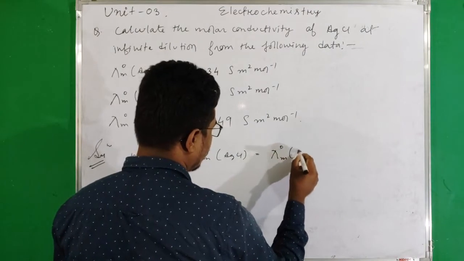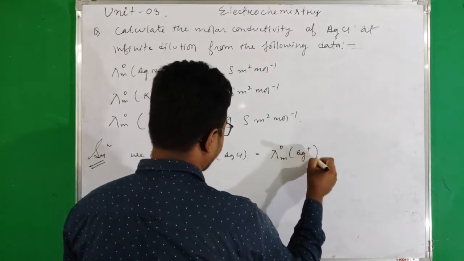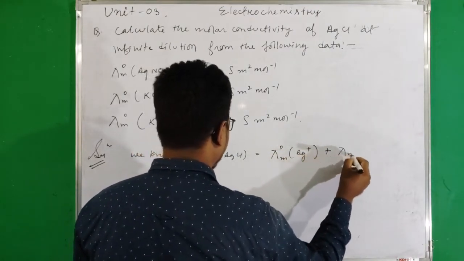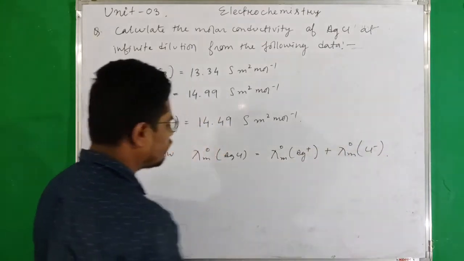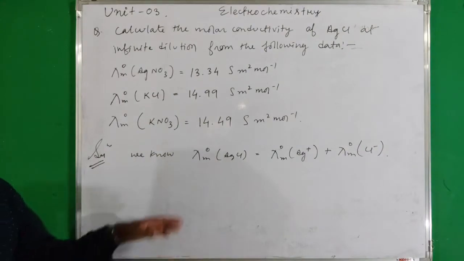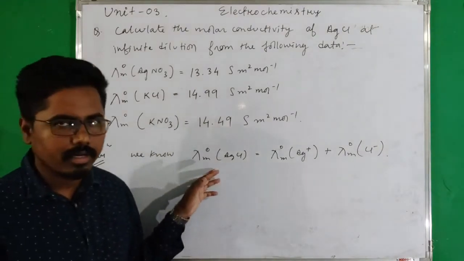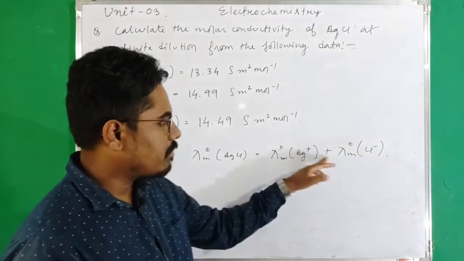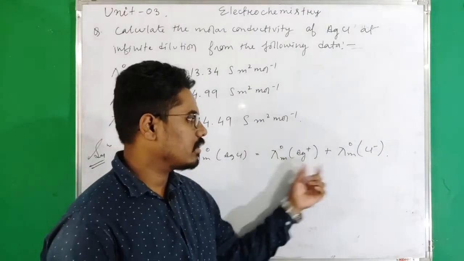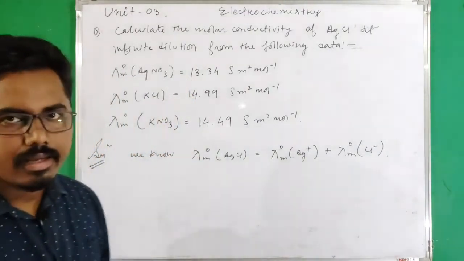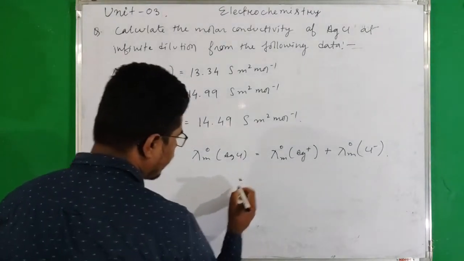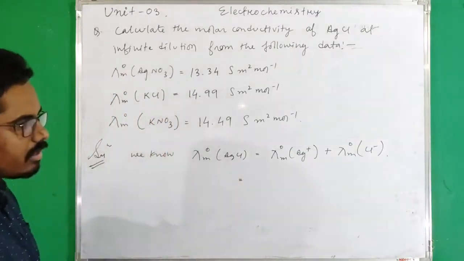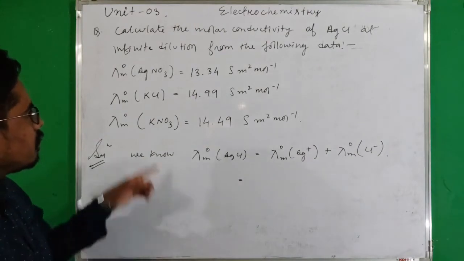to lambda m naught for Ag positive plus lambda m naught for Cl negative. That means the limiting molar conductivity of an electrolyte is equal to the sum of limiting molar conductivities of individual cation and anion. Okay, now we have to find the term having Ag positive ion.